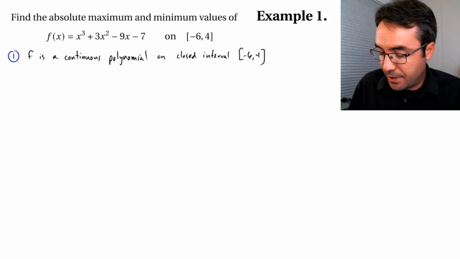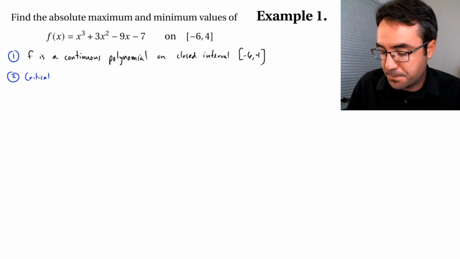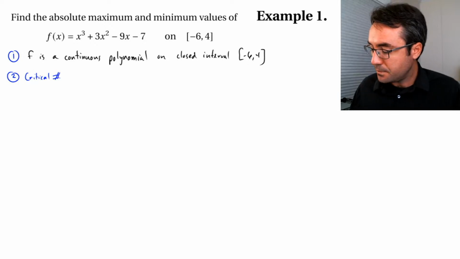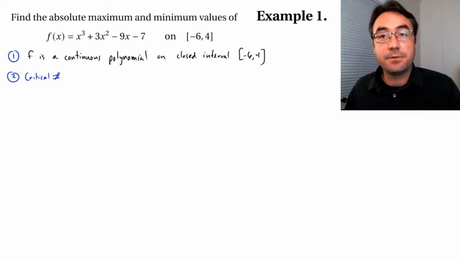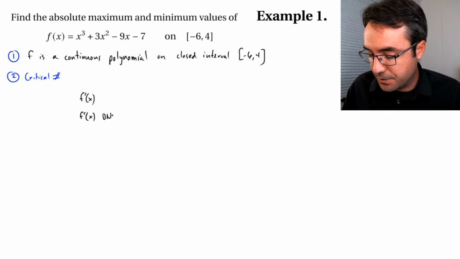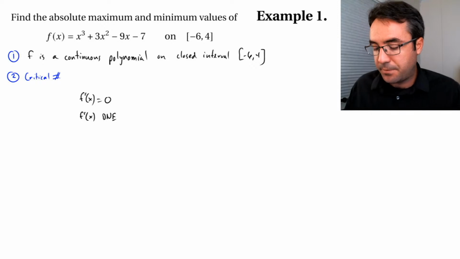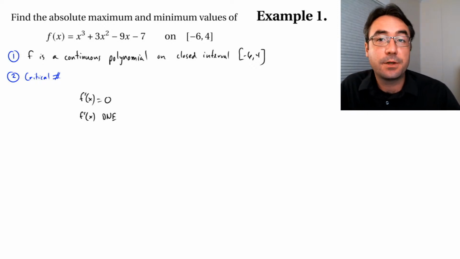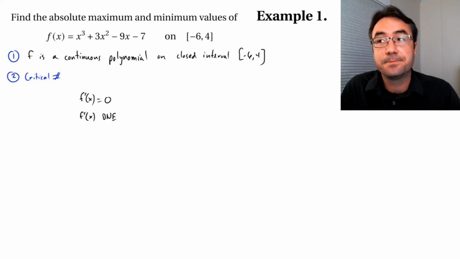So at step 2, we want to find the critical numbers. To do that, we need to figure out the derivative, and then we're going to set the derivative equal to 0, and we'll see if our derivative is undefined. Those are the two possibilities for a critical number: either the derivative is equal to 0 or the derivative is undefined.